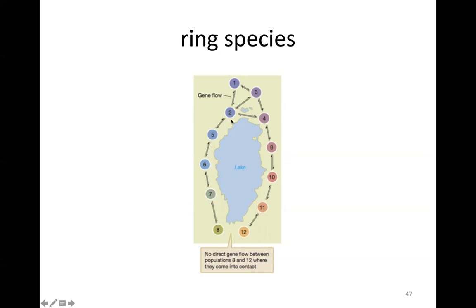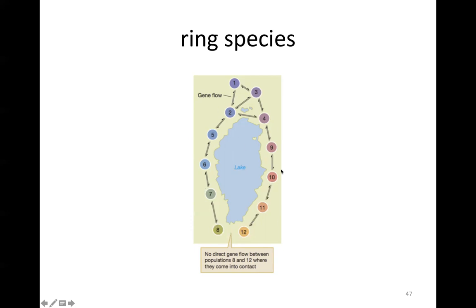So there's continuous gene flow along the populations, but on the two extremes of this so-called ring, the two extremes are too different to be able to reproduce. So there is actually gene flow between them.